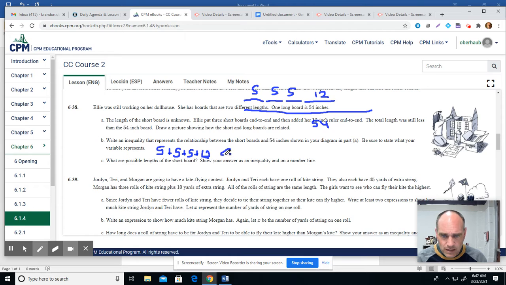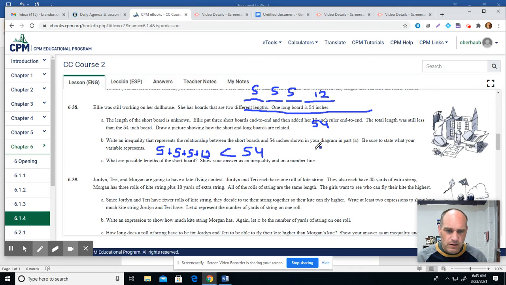I'm going to put a less than symbol. So the length of these boards is less than this 54, and I'm going to put a 54 over here. There's my inequality. Now, these are S's, not 5s. Since I have three S's, I could do S plus S plus S and call it this.